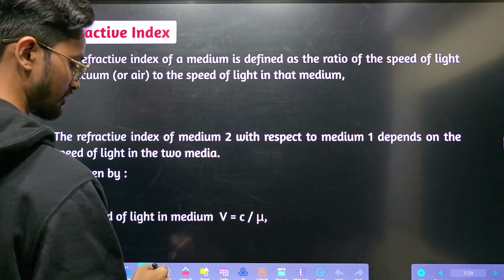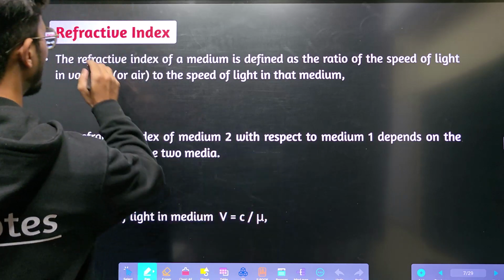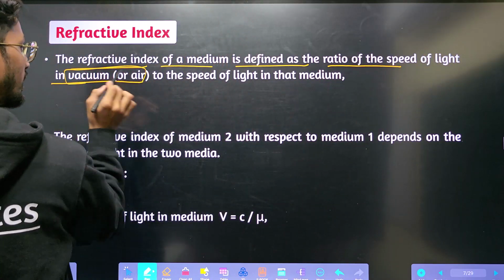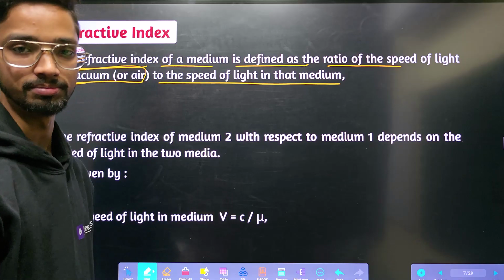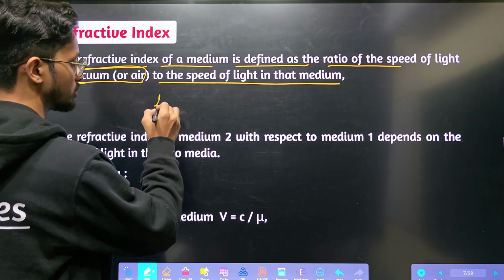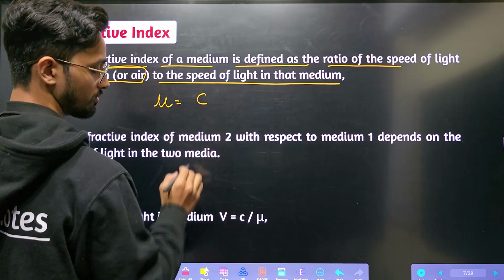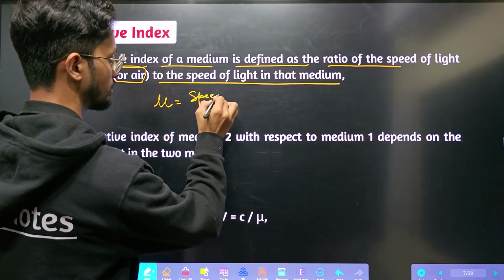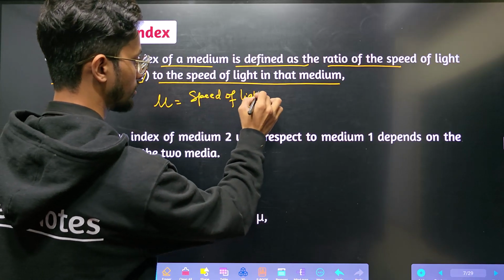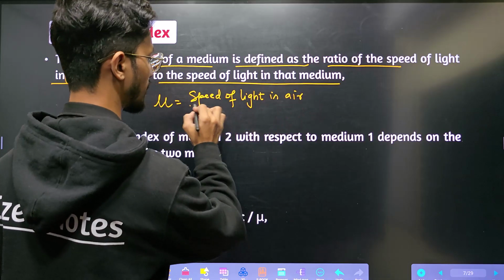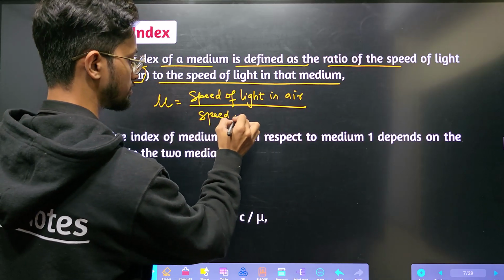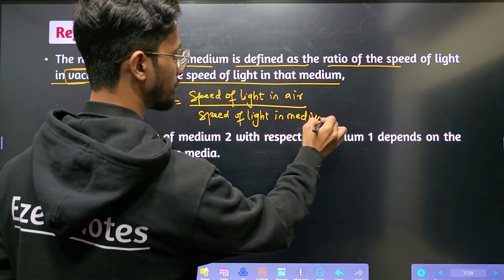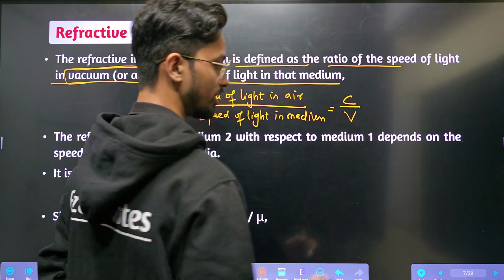Next, what is refractive index? We'll see. The refractive index of a medium is defined as the ratio of the speed of light in vacuum or air to the speed of light in that medium. Mu is the speed of light in air, which is denoted as C, divided by the speed of light in the medium, V. So we can say it as C upon V. What is C?